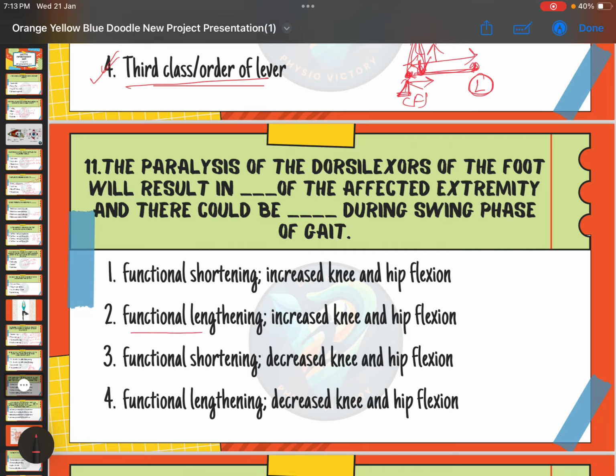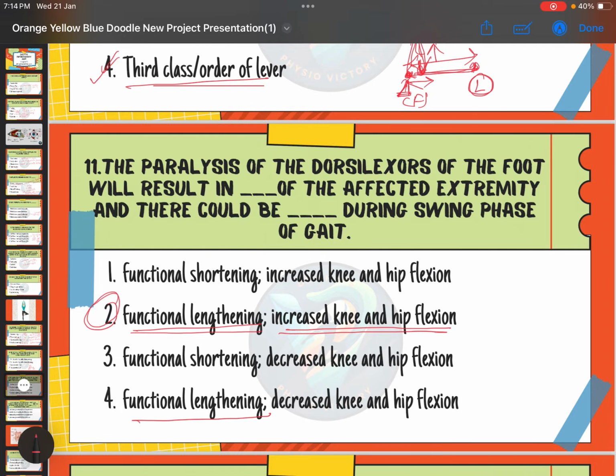Next, there could be dash during swing phase, increase of knee and hip flexion. So there is only increase of knee and hip flexion. So option 2 is the correct answer.